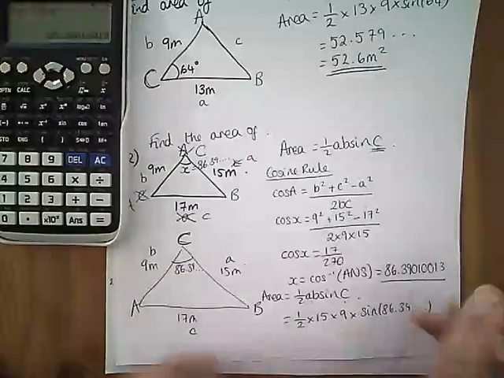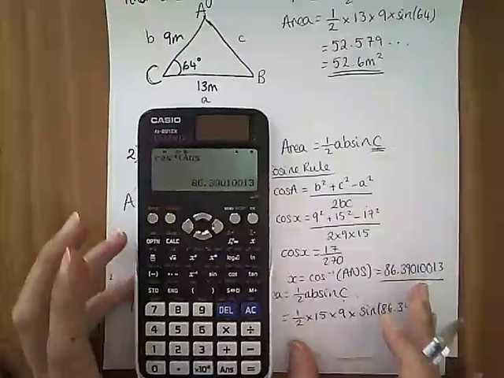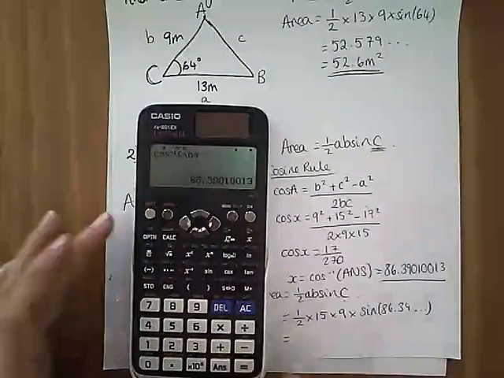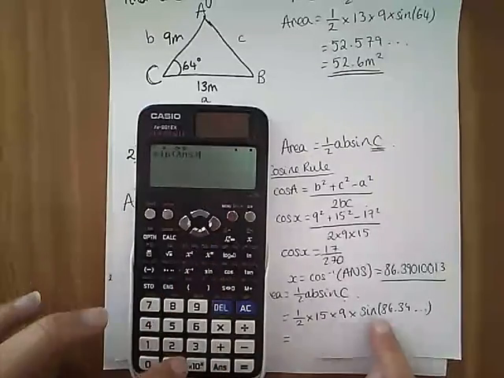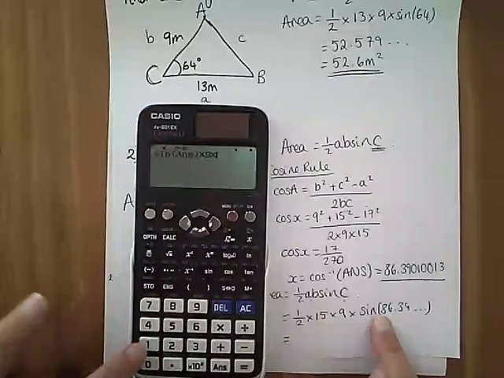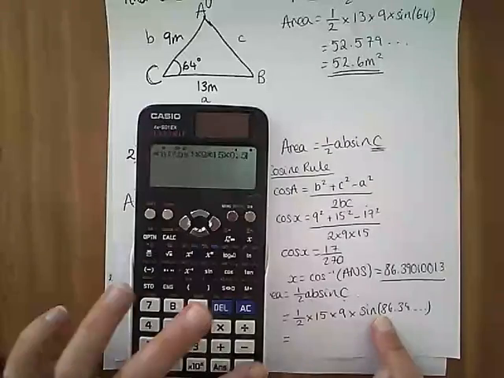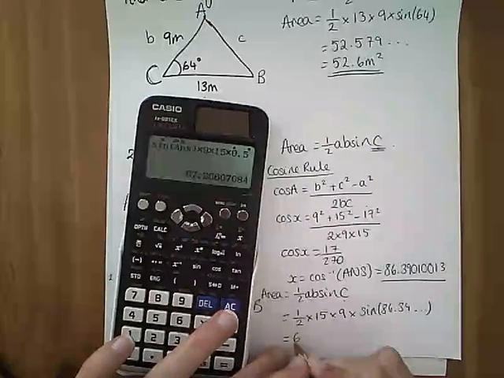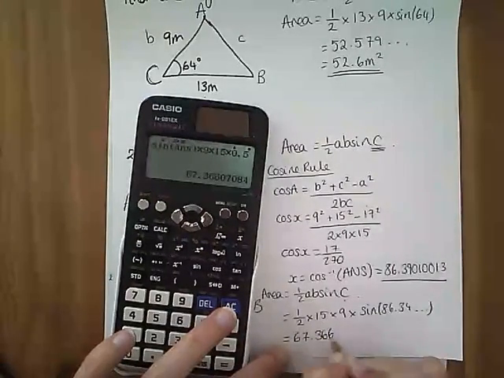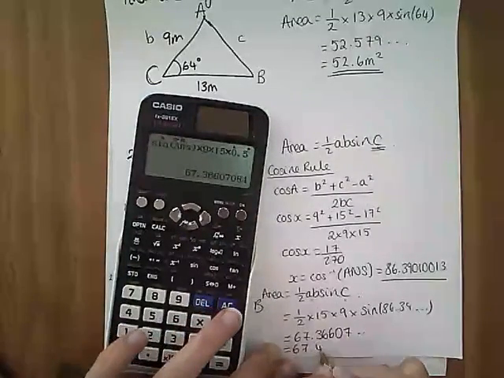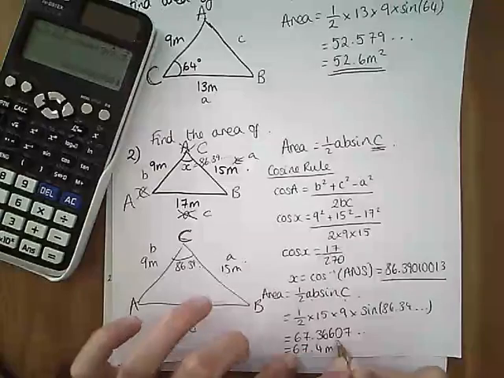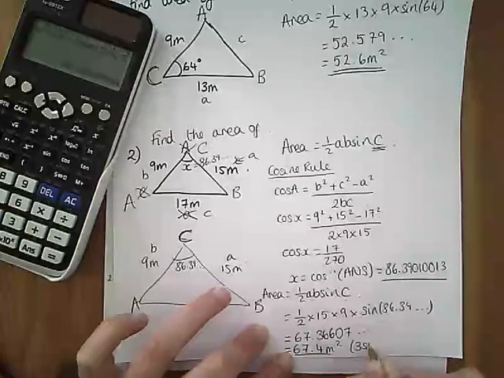Now I haven't got rid of that on my calculator, so it's much easier if you keep that on your calculator, and I go sine of my answer times 9 times 15 times a half, which should give you 67.36607 and so on. It's 67.4 meters squared to 3 significant figures.